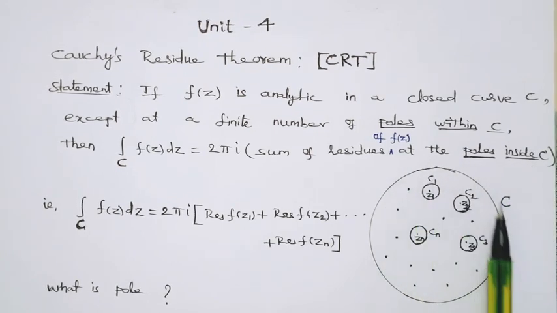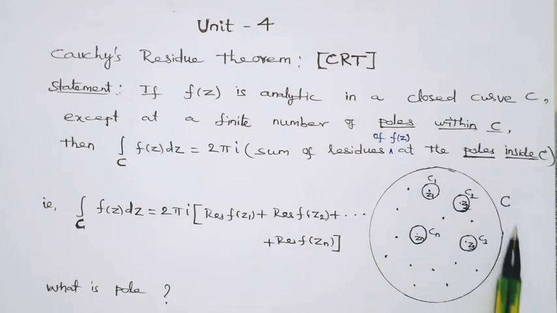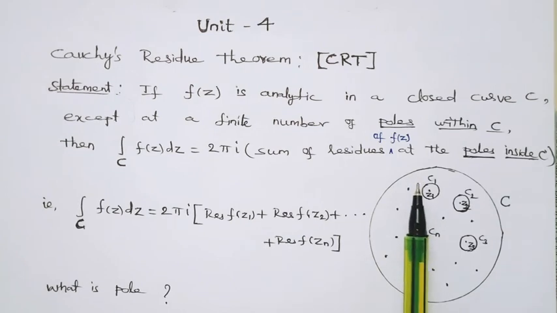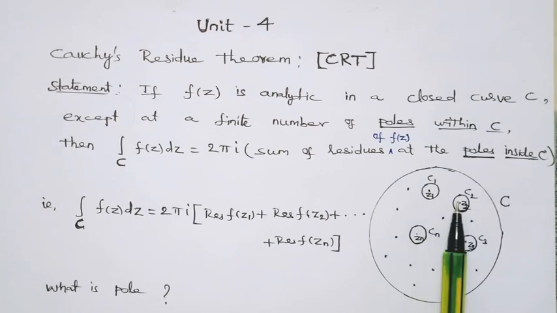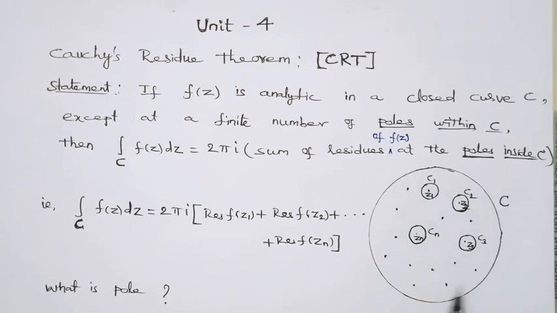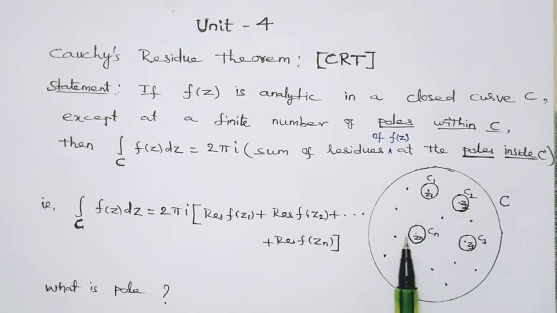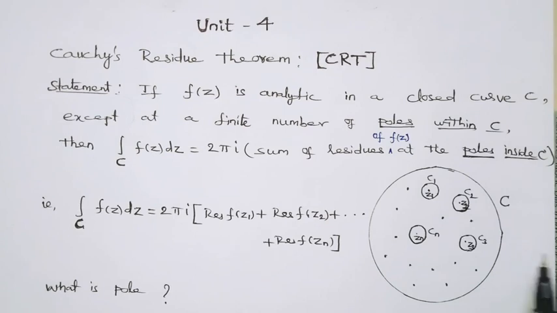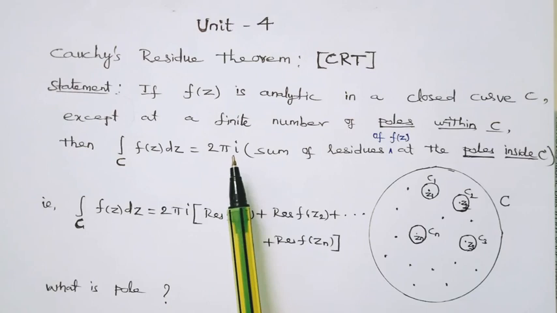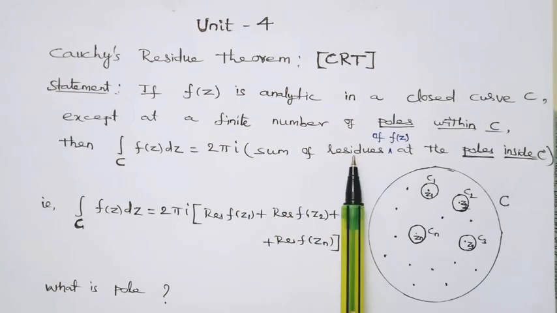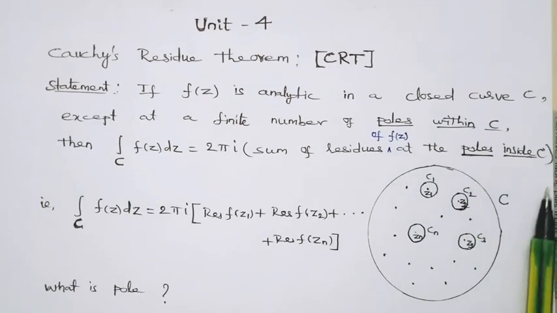Now look this diagram. This C is nothing but the circle, the bigger circle. What is pole in this? Pole is nothing but there are small circles inside this big circle C. The center of each small circle is called a pole. So if you want to evaluate any integral like this, you must find residue, that is 2 pi I into sum of the residues of f of z at the poles.